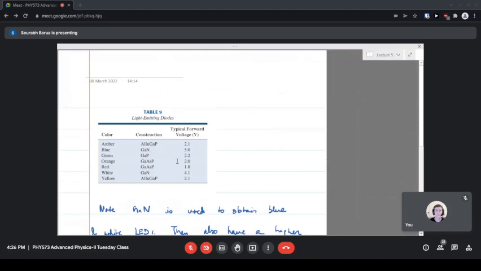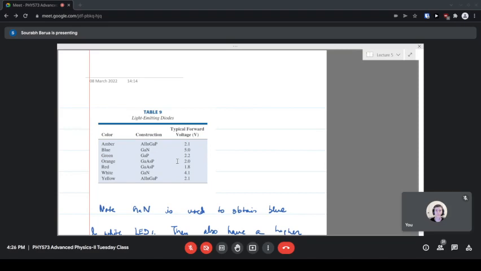Sir, that is about the frequency or wavelength of light. What about intensity? If we want a higher intensity of light from an LED, what do we have to do? Yeah, you will see now that it depends upon the current.